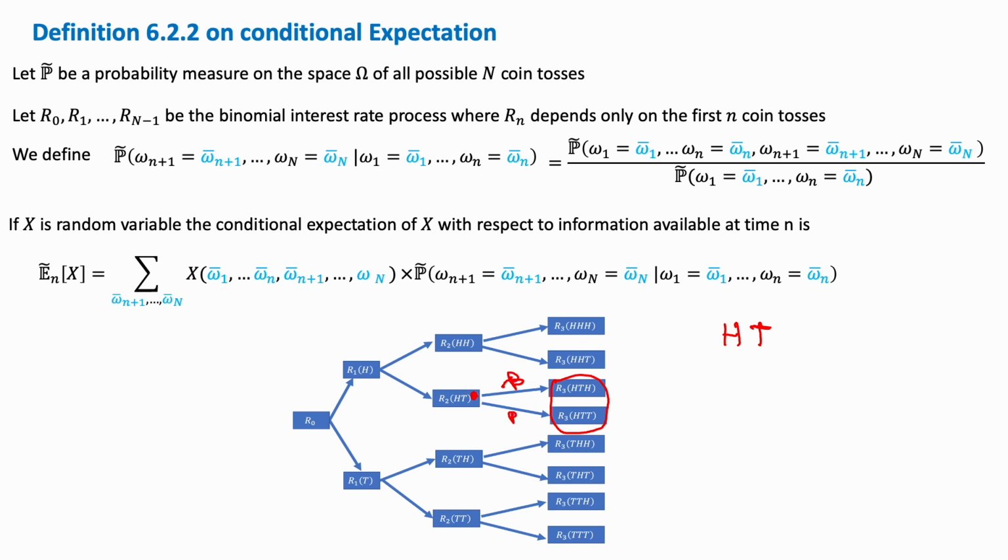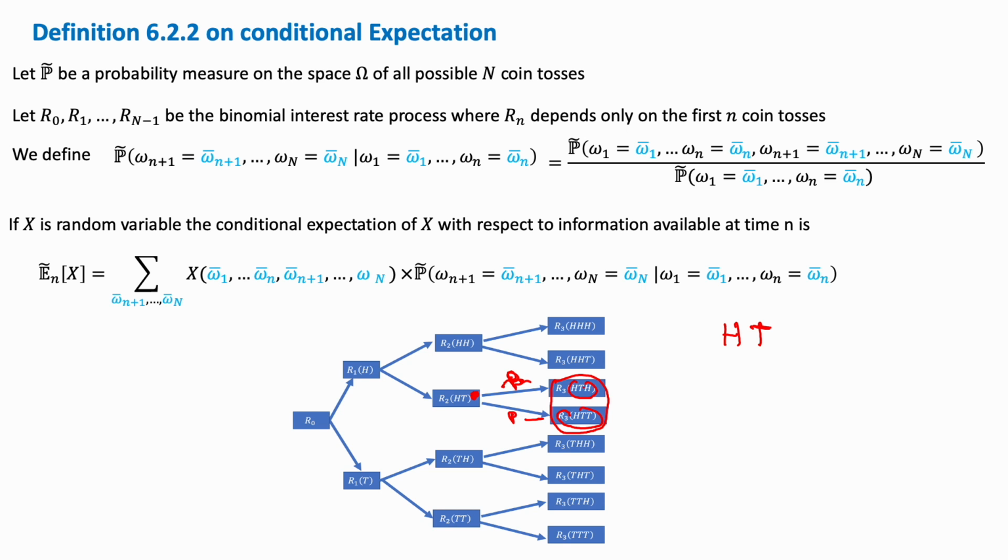We know this probability here. And all we need to do is basically multiply this R3HHT by its probability plus this RHTH by its probability, and then we will get the expectation as of where we stand on this point here. So what is important is these transition probabilities, right? And that's all.